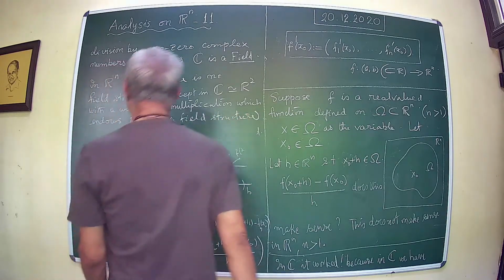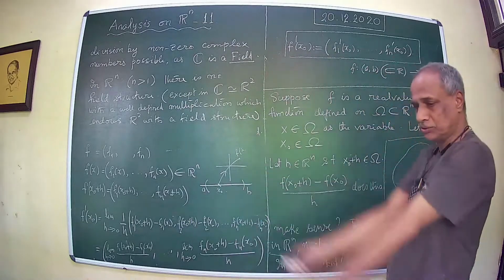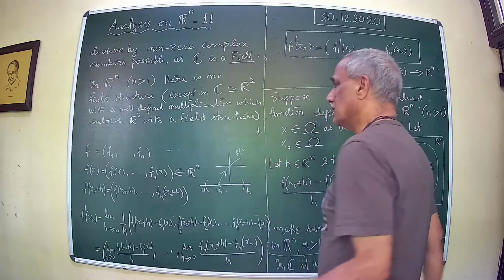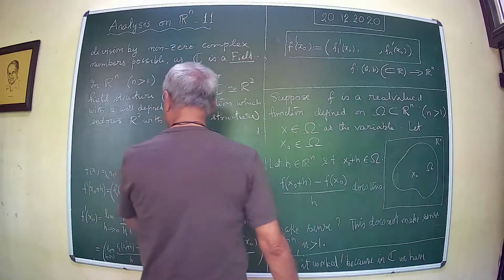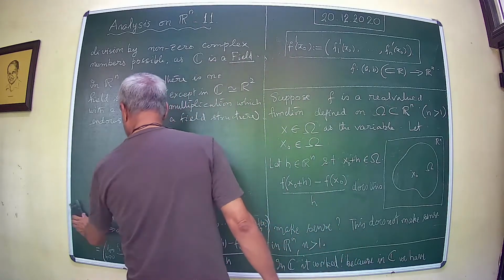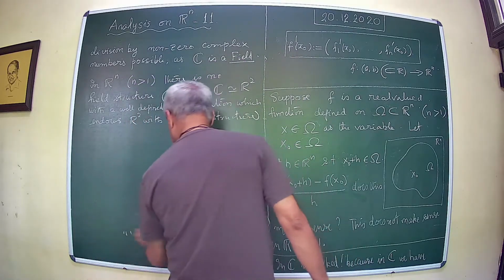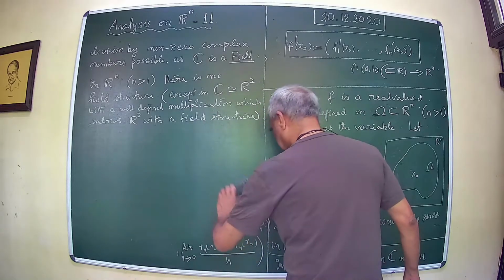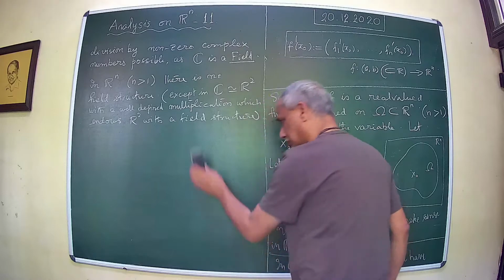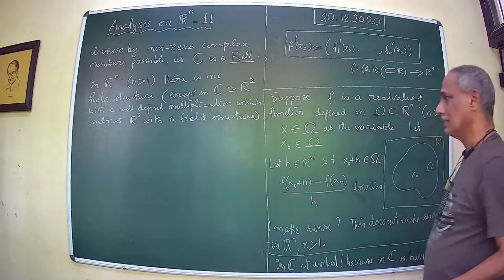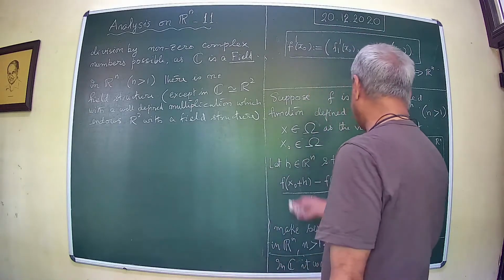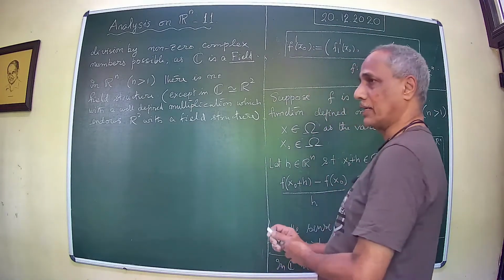So in that case we could get through without difficulty. But in general such a structure is not possible. For instance, you take R^3, you cannot endow this with a field structure which gels smoothly with the linear space structure. So there is a problem. Therefore, our conventional idea will not work.